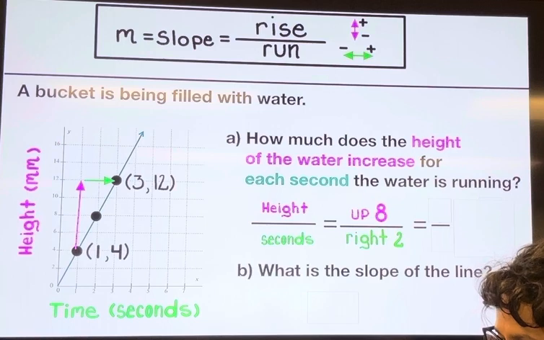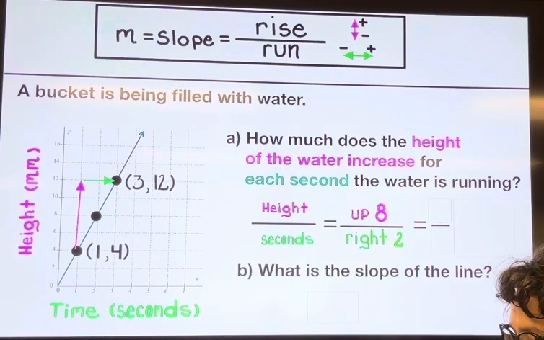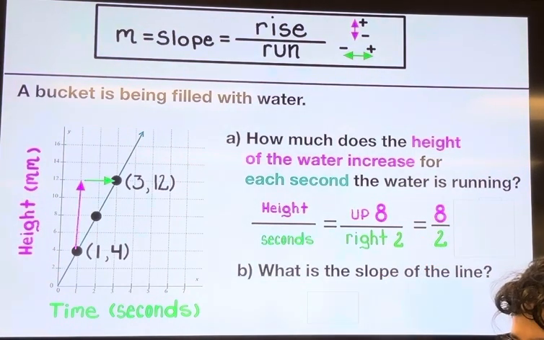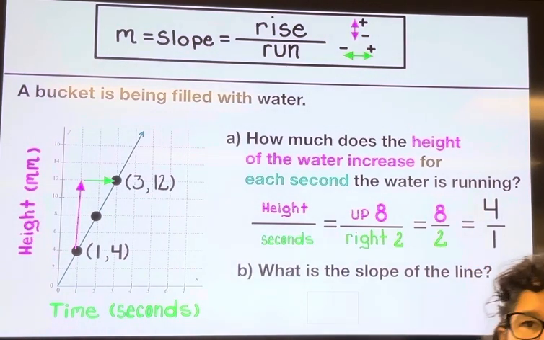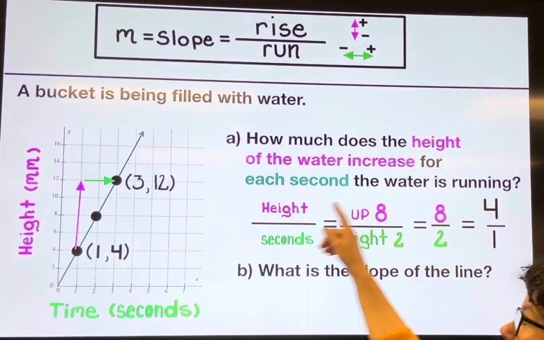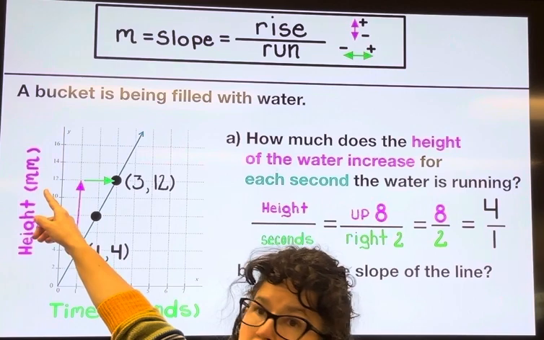And then if I simplify this fraction, 8 over 2, 2 fits into both of those. And so we end up with 4 over 1. Now let's think about the meaning again. The number in the numerator is about height, which is millimeters.